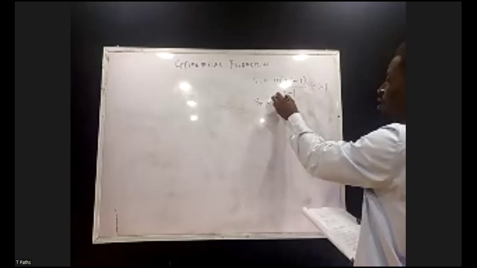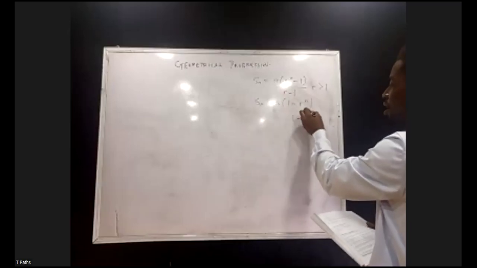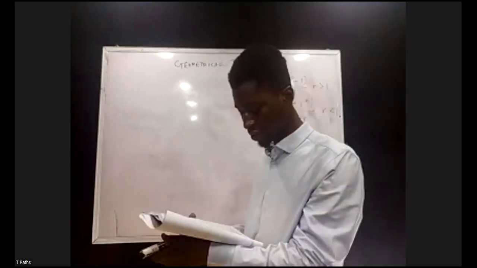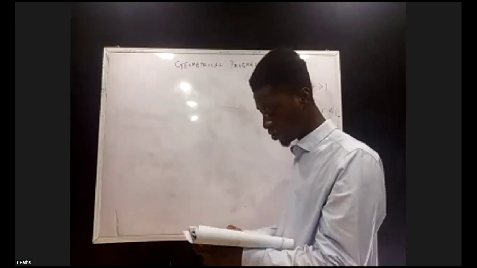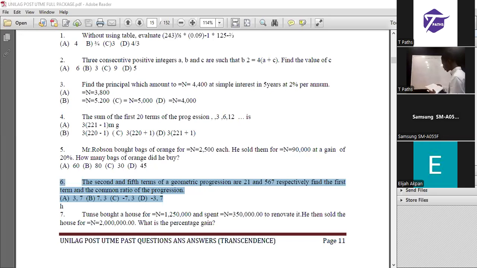Then a open bracket 1 minus r raised to power n over 1 minus r, for r less than 1. Now let's look at question 6. The second and the fifth term of a geometric progression are 21 and 567. That tells us we have been told the second term and the fifth term.